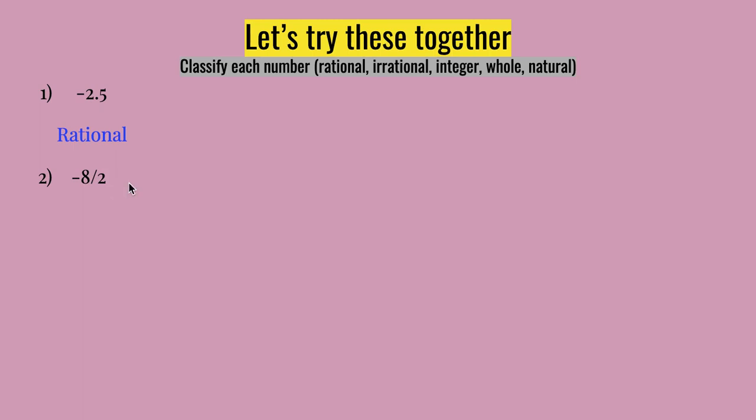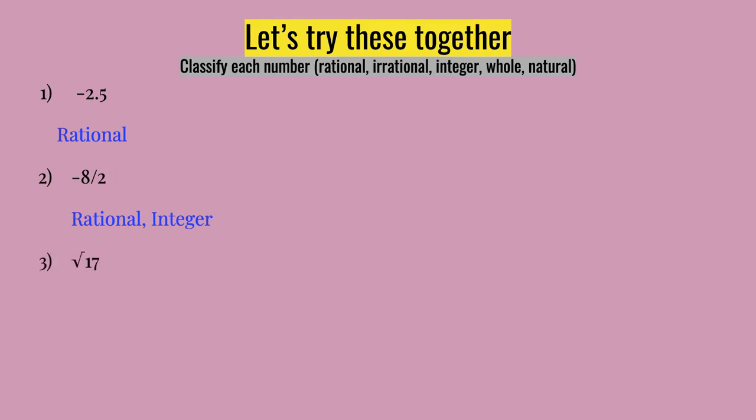Negative 4 is a rational number because I can write it in fraction form. Then I go on to the other categories. Negative 4 is an integer. Is it a whole number? Well, whole numbers can't be negative, so I'm not going to list whole number. So for negative 8 over 2, I should be listing rational and integer.